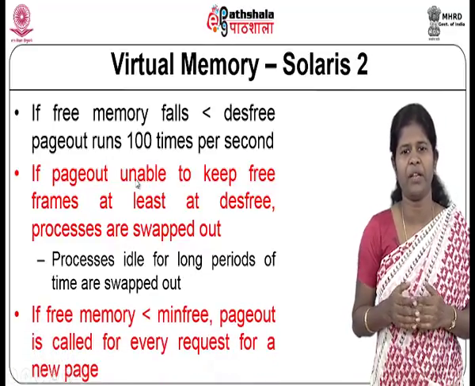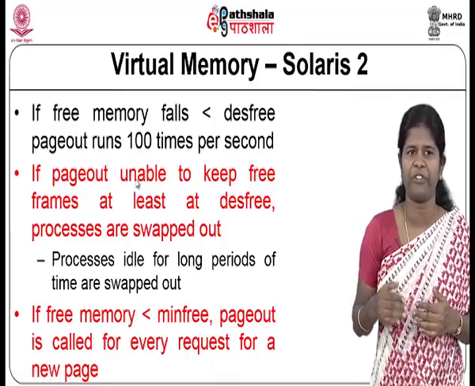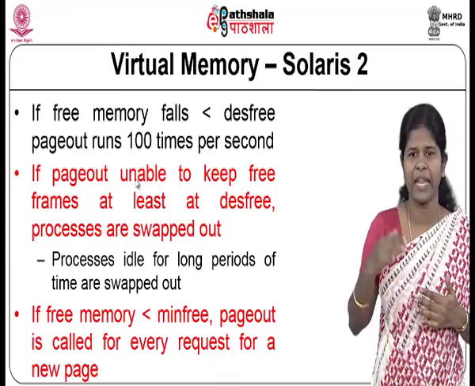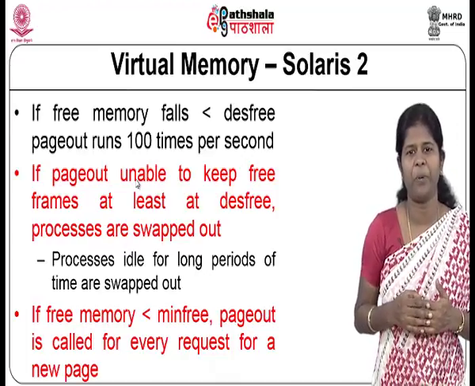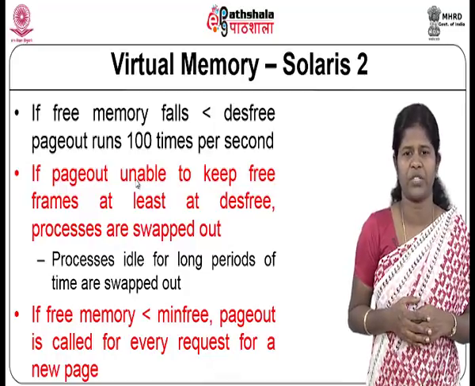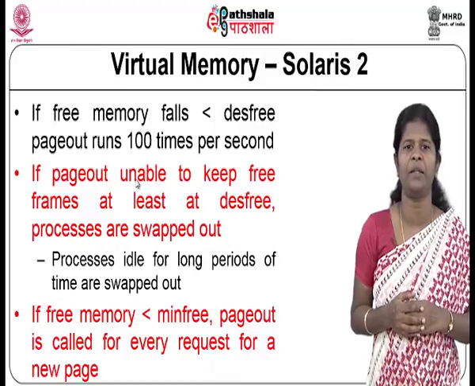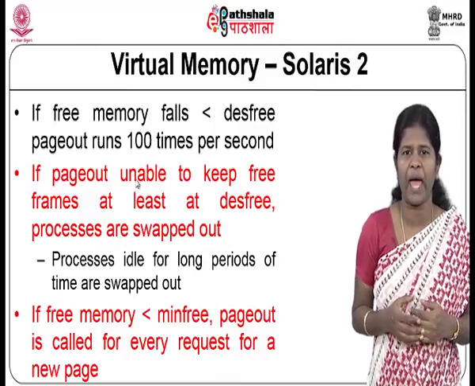And if the free memory now falls below minfree, which has a value even less than desfree, then pageout is called for each and every request of a new page. So, depending on how many free frames are available, Solaris 2 acts accordingly.